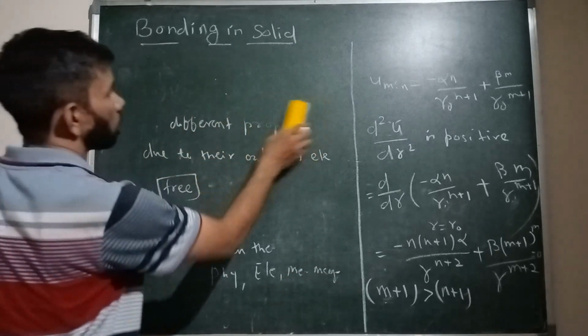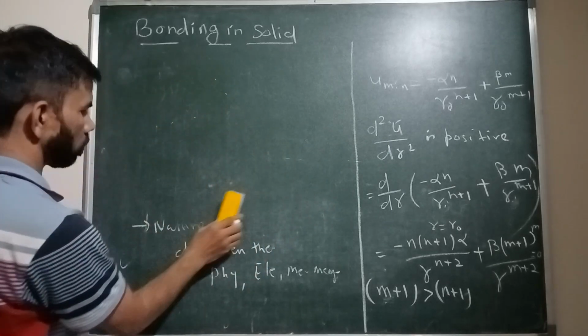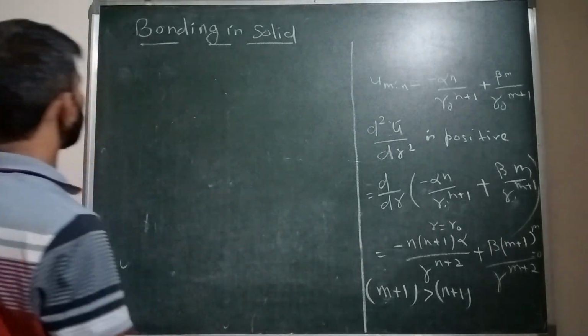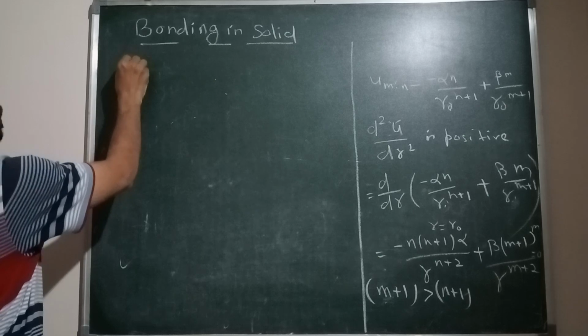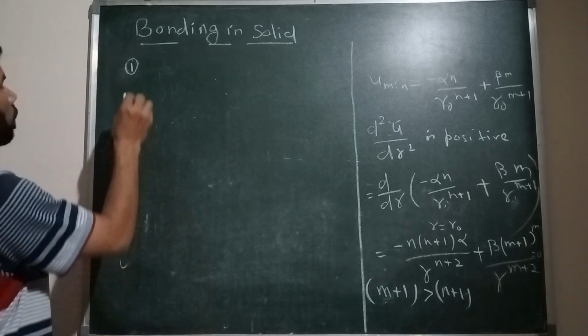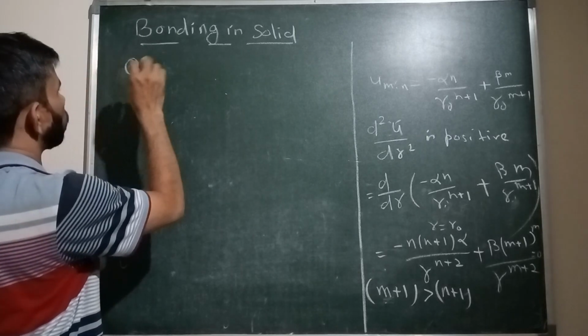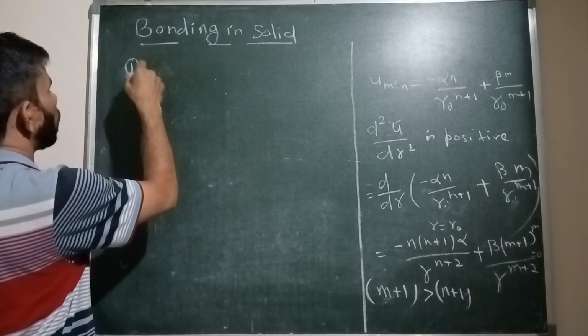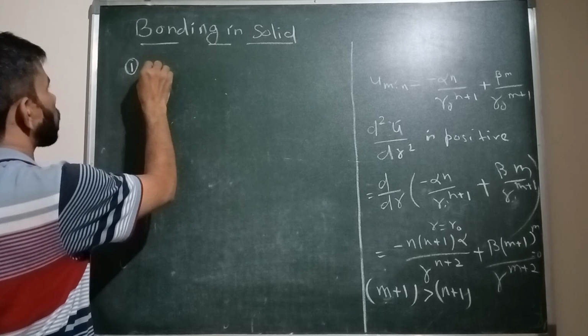So on the basis of the outermost orbit electrons in the periodic table, there are 5 types of bondings and bonding forces.